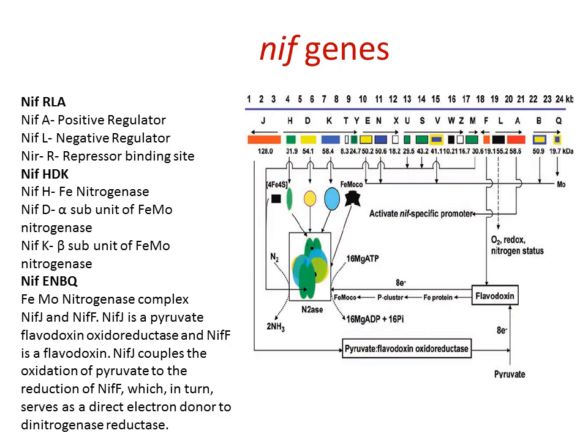That is, if the oxygen concentration is more inside the cell, or if the ammonia production is more inside the cell. At that time, the NIF L gene codes for a repressor protein. This repressor protein binds onto the promoter so that the transcription of the NIF genes is stopped. That's called switching off of an operon.